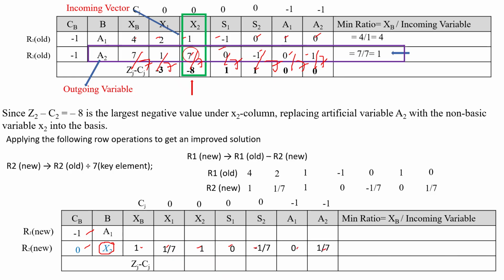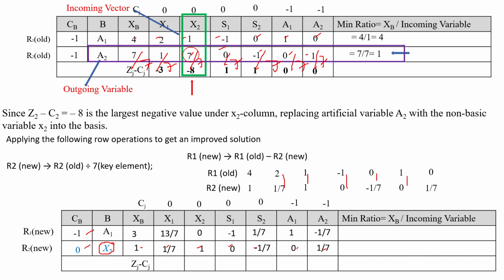So R1 old minus R2 new is 4 minus 1, 3; 2 minus 1 by 7, 13 by 7; 1 minus 1, 0; -1 minus 0, -1; 0 minus 1 by 7, -1 by 7; 1 minus 0, 1; and 0 minus 1 by 7 is -1 by 7.